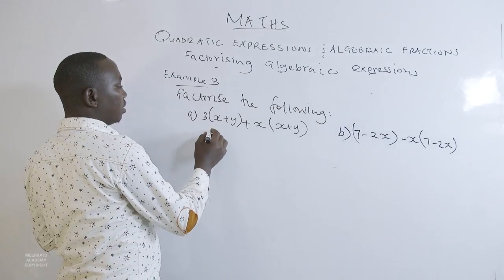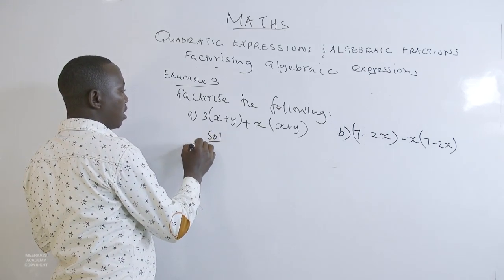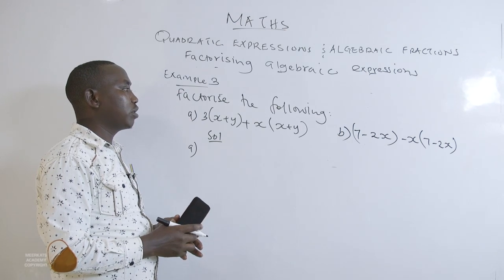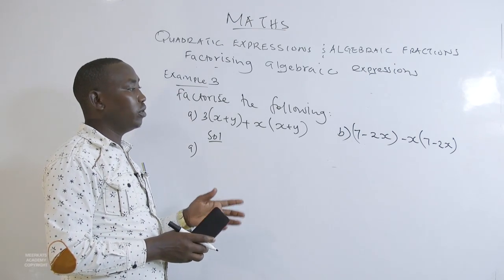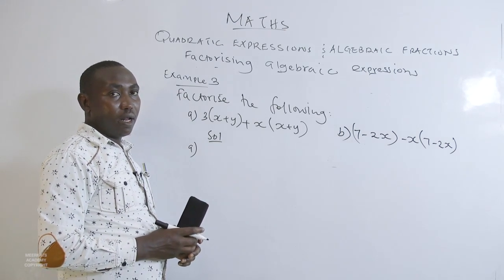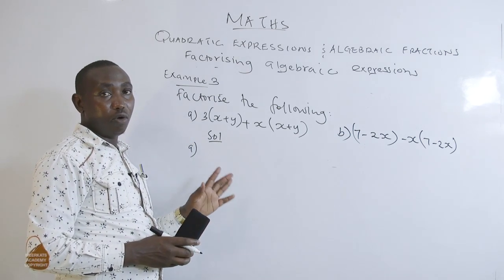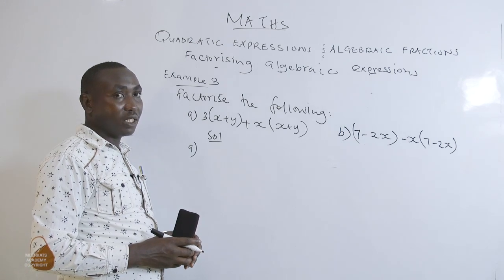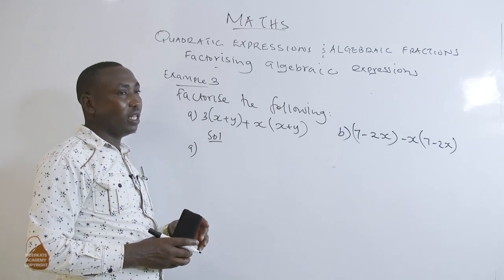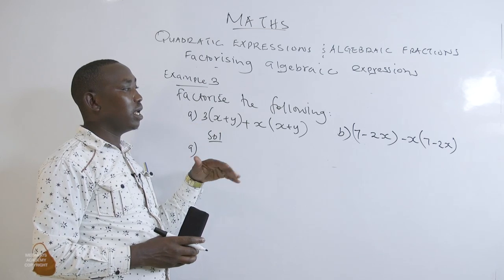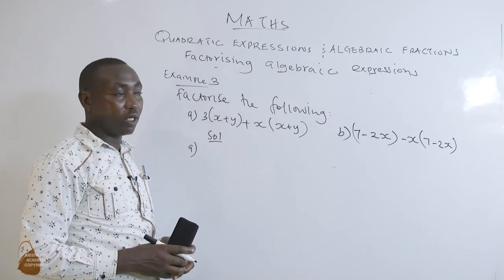Now in the first question, we are having 3 into x plus y plus x into x plus y. In factorizing, we said we look for the highest common factor between the given expressions.